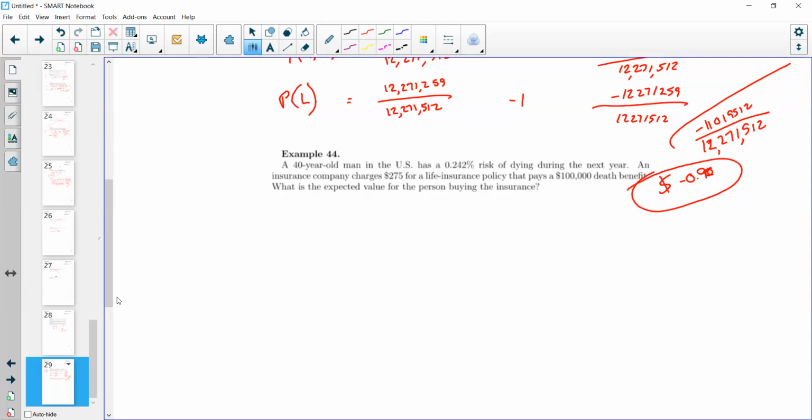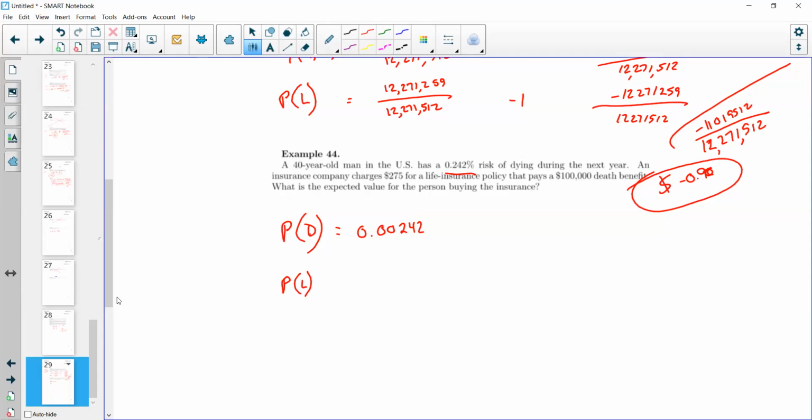So, what is the probability that a 40-year-old man is going to die? Now, this is a percentage. So we need to turn it to a decimal, 0.00242. Okay? Now, he has two choices.